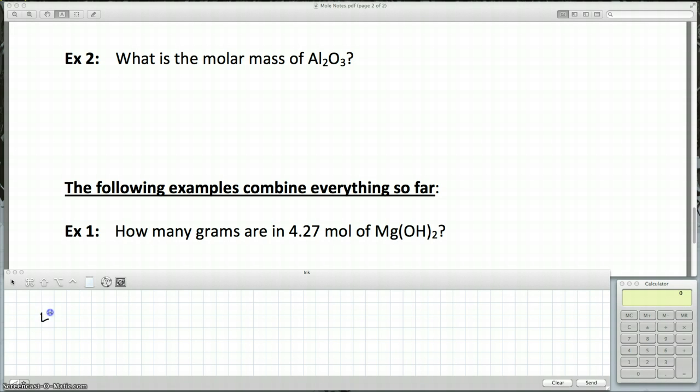So starting number, 4.27 moles, times blank line. Starting unit, whatever you start with, always goes on the bottom. We're starting with moles here, so moles on the bottom. We're looking for grams, so grams on top. Mole is always 1, grams is the red number. But since I have a compound, this is going to take some work here.